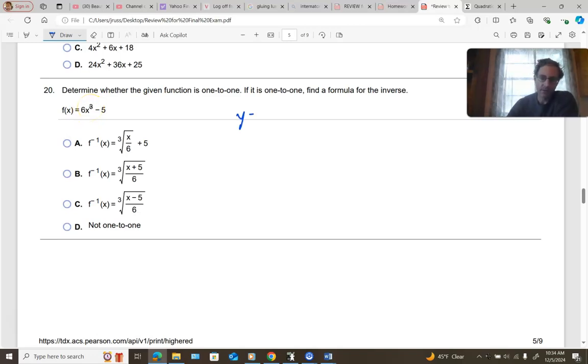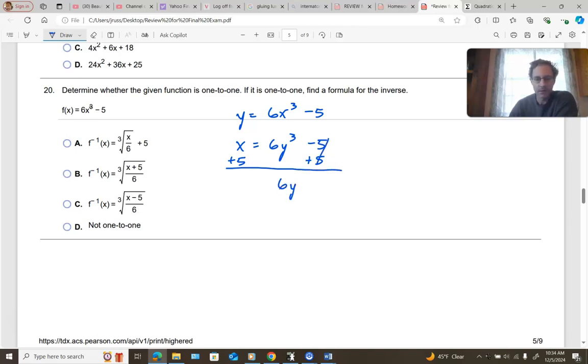So the first step is write it as y equals 6x cubed minus 5. And then we'll swap our x and y's. And we're going to solve this for y. So I need to add 5. And equals 6y cubed equals x plus 5. And I need to divide both sides by 6.